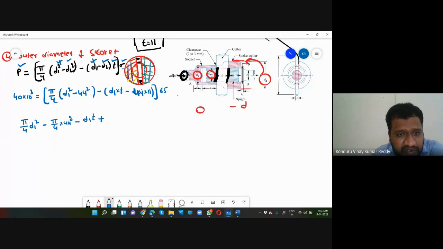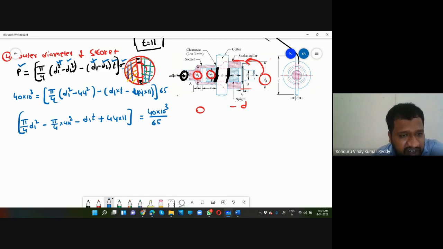Minus into minus becomes plus 44 into 11, whole multiplied with 65. So I will write it equal to 40 into 10 to the power of 3. As it is multiplication over here, I will bring it as division.